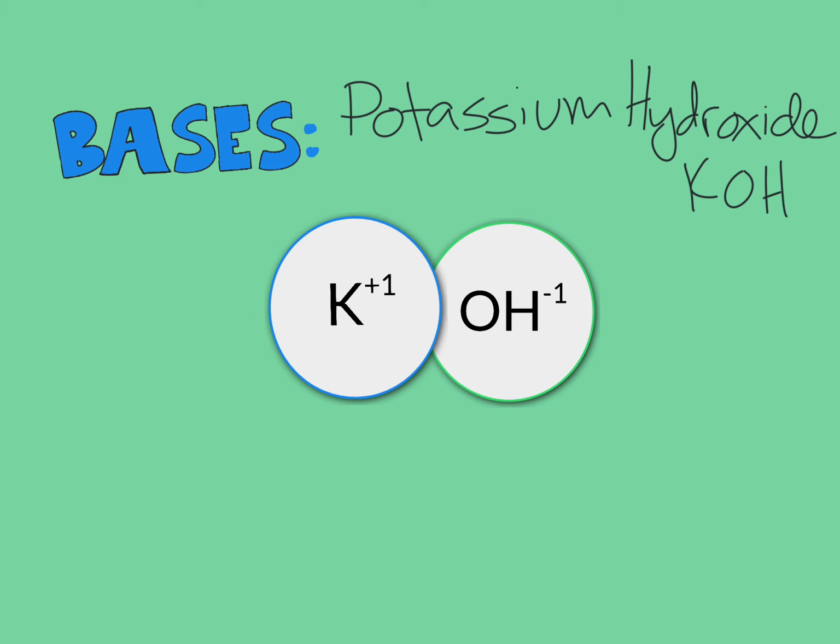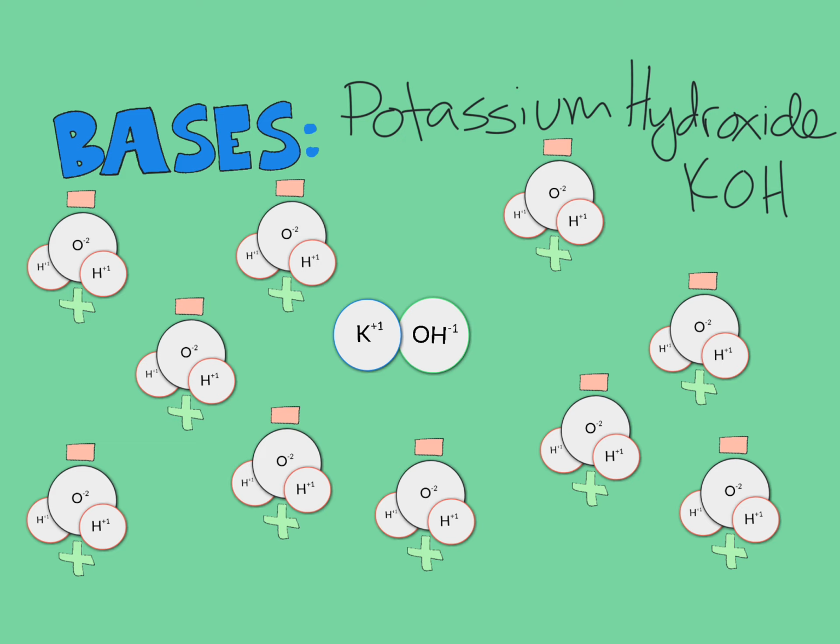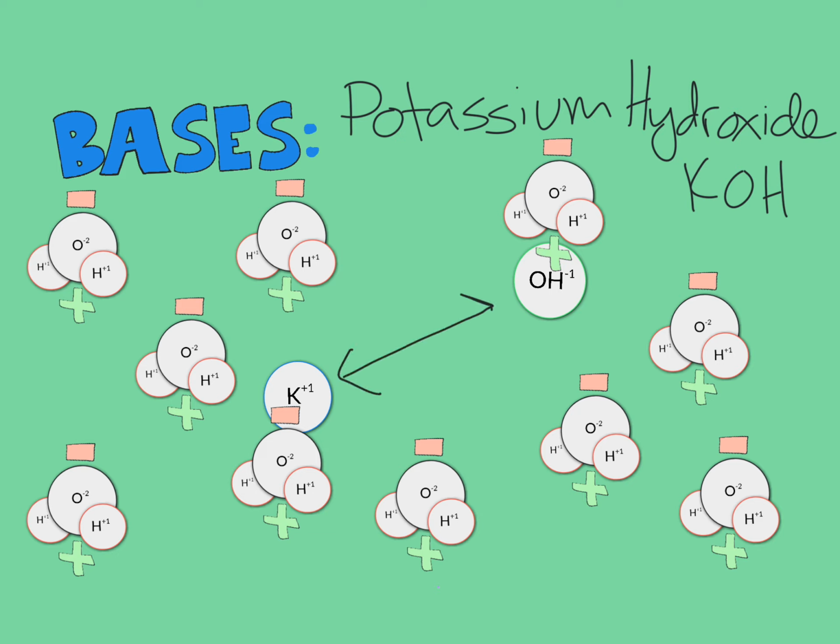Now, just like we did with acids, we're going to look and see how this base is going to behave in water. The positively charged ion, potassium, is going to move towards the negative end of a water molecule. Similarly, the hydroxide ion, which has a negative charge, is going to move towards the positive end of a water molecule. And once again, just like with acids, they are separated or dissociated.